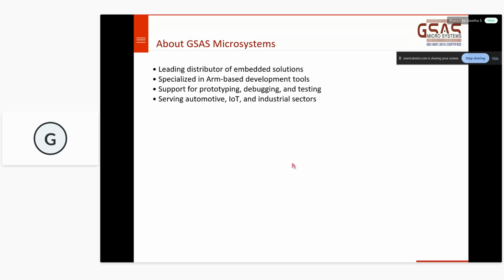Not only ARM software solutions, we also offer other hardware and software solutions targeted at the embedded domain. We are specialized in ARM-based development tools, and we have good expertise in post-sale support and in selling ARM software solutions to our customers in India. So we have both technical and commercial knowledge on selling the products.